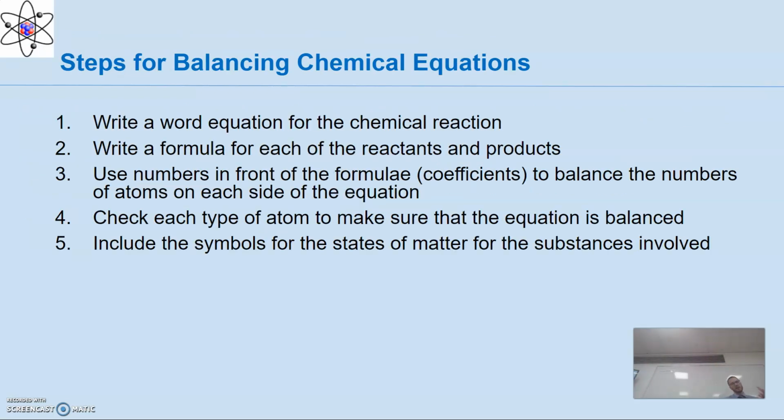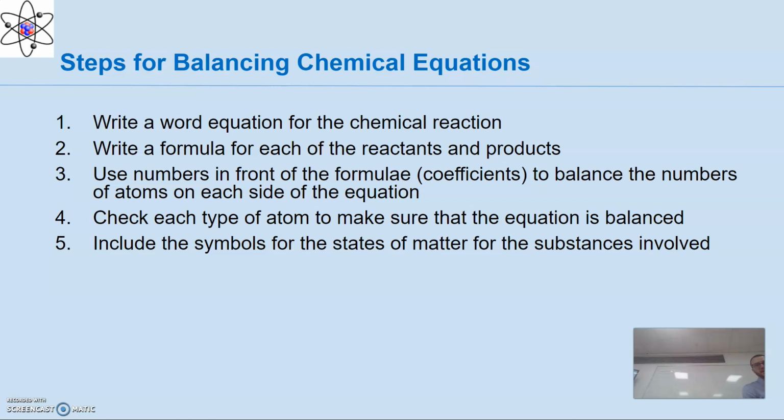There's different ways in which we can balance chemical equations. One I like to use is called the REP method that I'll talk about, reactants, elements, products. You can think of it as a list of steps, or really it's a skill set. So the skill set is broken down into this idea. We write a word equation or a description may be already given to you. Then we write a formula for each of the reactants and products.